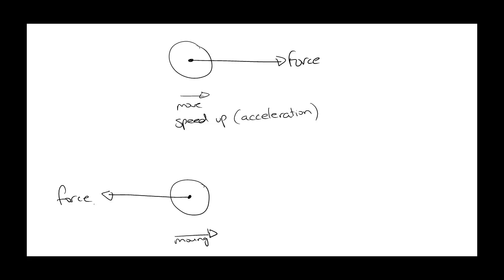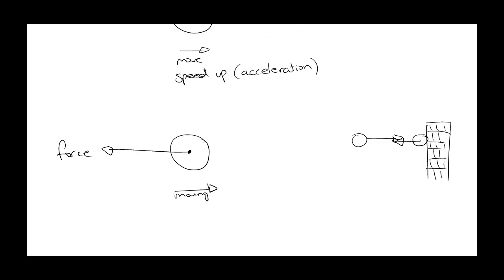If you want to think of this another way, if you have a ball and you throw it towards a brick wall, so there's our brick wall, and we have a ball which is moving towards the brick wall. When the ball hits the brick wall, it will experience a force in a direction opposite to what it was moving.